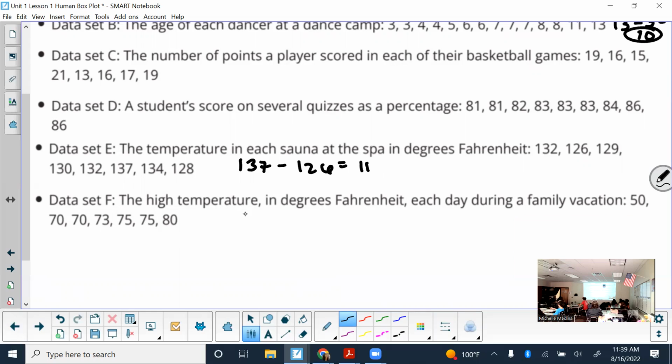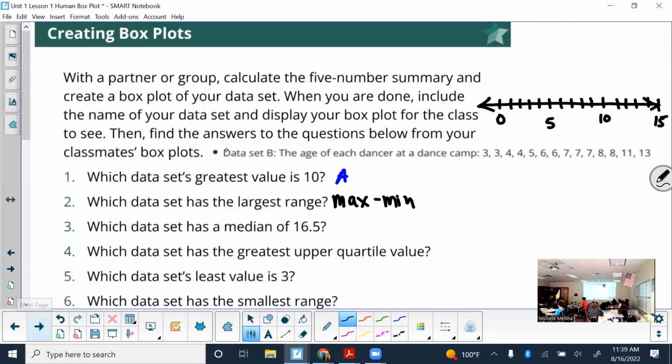That has a maximum of 80 and a minimum of 50. What's 80 minus 50? So the one that has the greatest range is data set F. All right, and again, maybe there is an error on that one, who knows? But just letting you know, data set F should have had the largest range.